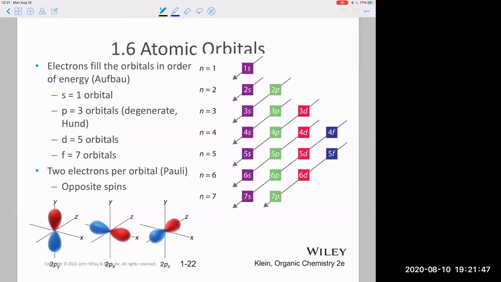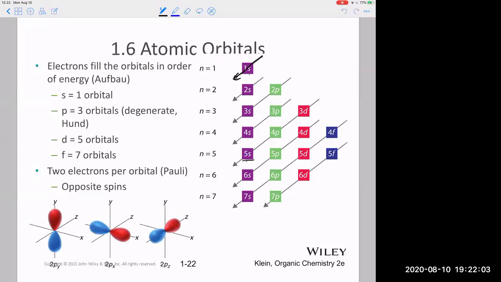So this table, this little graph right here, is one way to figure out the filling order of these orbitals, right? Each of these represents increasingly bigger s orbitals, or spherical shaped. Same with this.